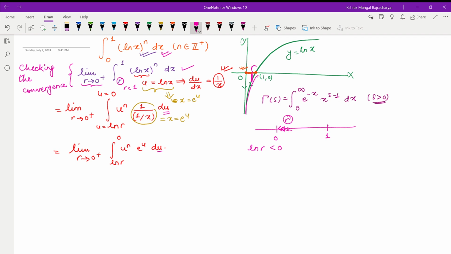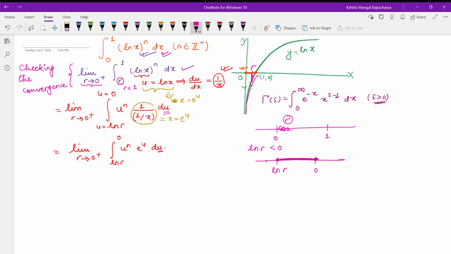If r is somewhere over here, then the logarithm is less than 0, and therefore the value of u is between log r and 0, so it's taking non-positive values only. The variable u is taking non-positive values only.